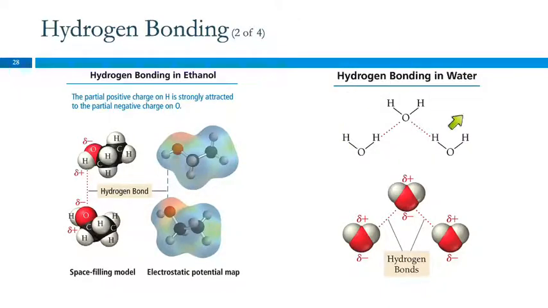Here we have water molecules. They have this bent structure because of the lone pairs on the oxygen. But we've got a polar molecule and we have a hydrogen-oxygen bond. So this bond is extra polar. The charges are larger. Here's another one. So the hydrogen on one molecule is attracted to the oxygen on the neighboring molecule.